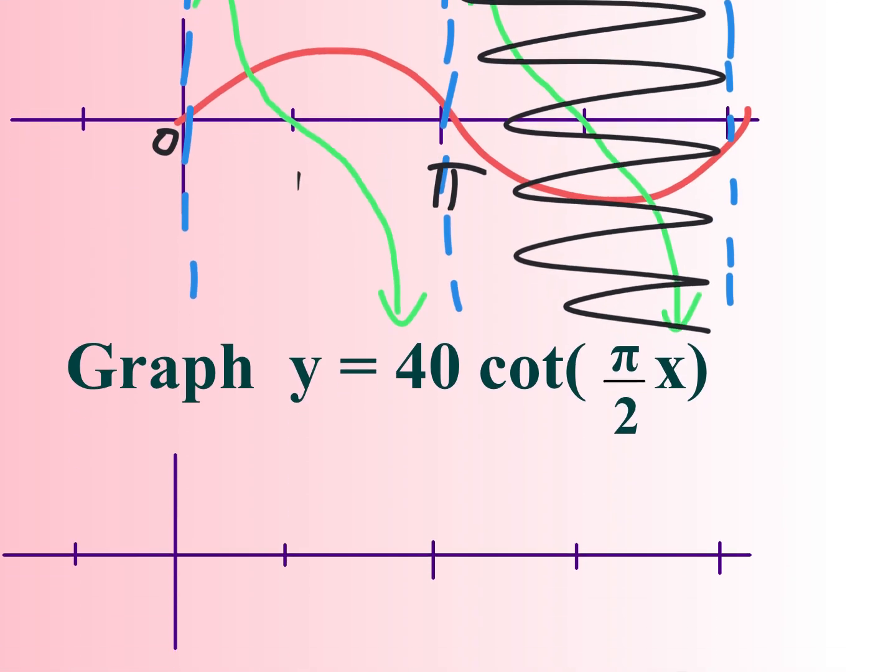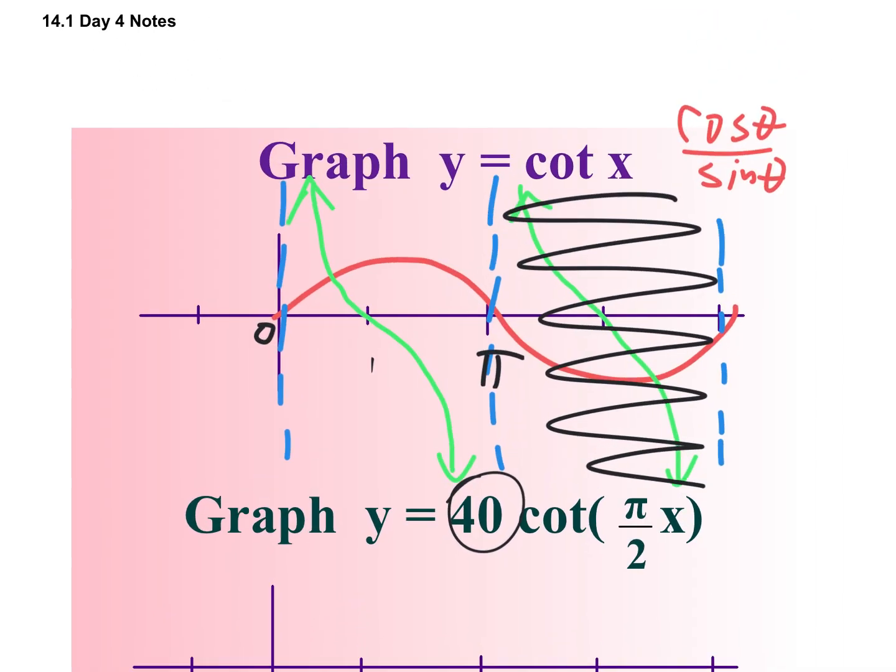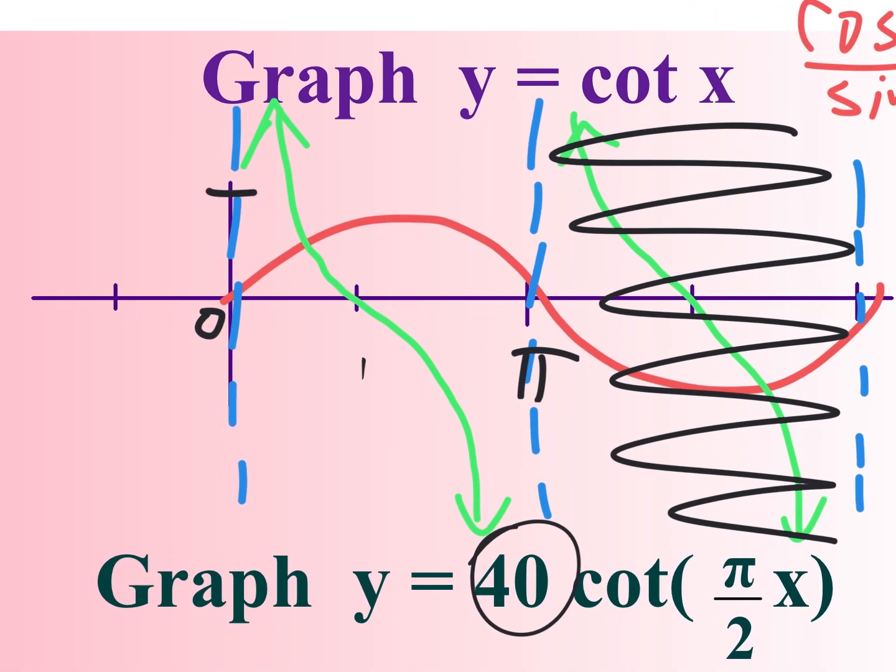Okay, and then what else could we do? Well, of course we could do this, and that's super easy actually. Oh, wait a minute. I don't have my y values. So everybody put in the y values of 1 and -1 first, and then we'll stretch it in a second. Just like before, this isn't going to be just some random spot. It's exactly halfway between the middle and the asymptote.